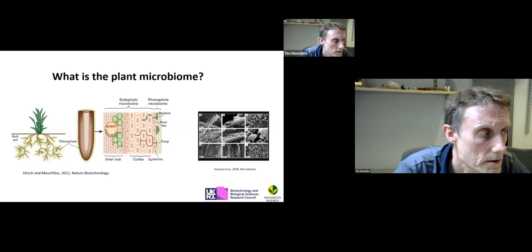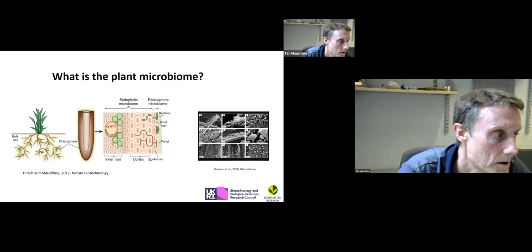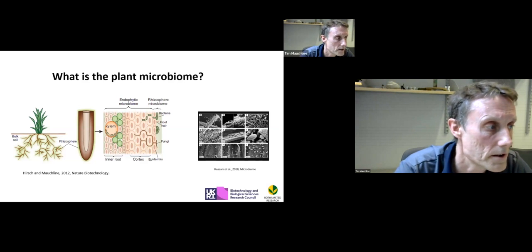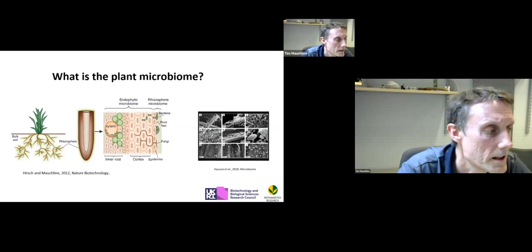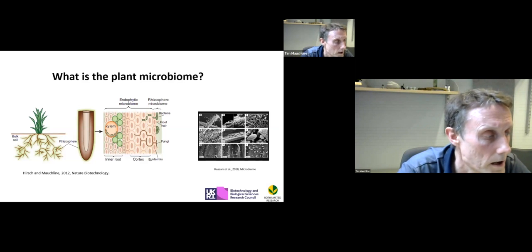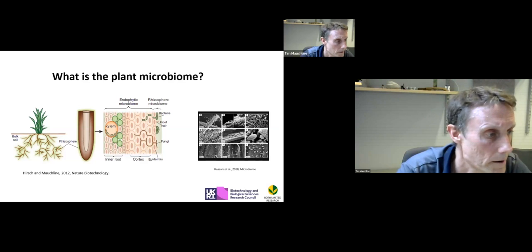In addition to the rhizosphere, the rhizoplane, and the phylloplane, we can also consider the endosphere. This is the microbial components that exist within the actual plant itself. Generally they exist between the plant cells, so they're not so much intracellular, they're more intercellular, with the exception of some mutualistic symbionts such as rhizobia.